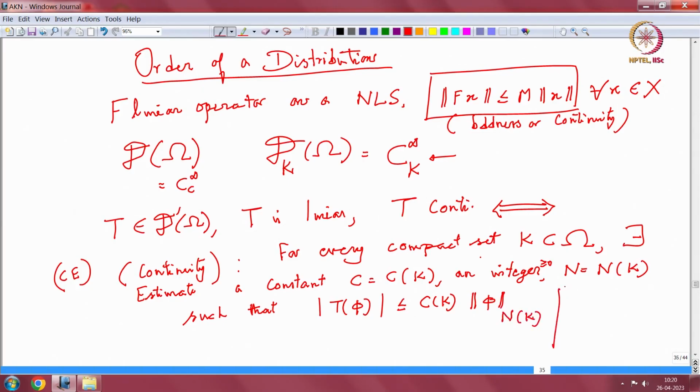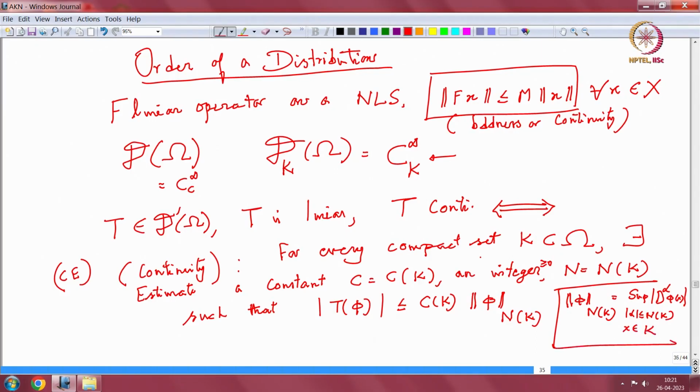Just recall, if you do not remember, the norm of φ at N_K is nothing but the supremum of |D^α φ(x)|, and this supremum is taken over all |α| less than or equal to N_K and for all x in K.